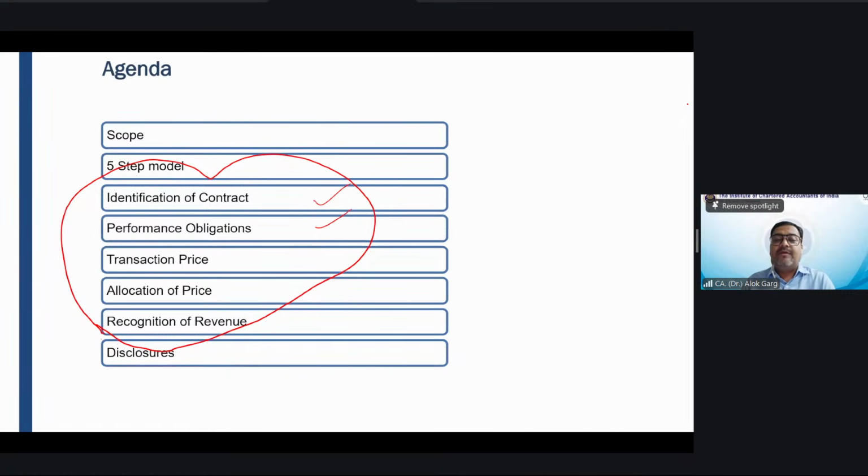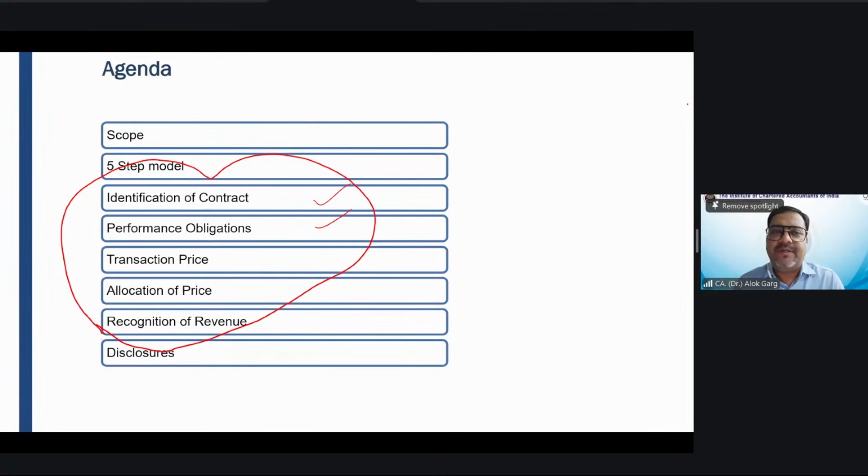Yes, friends, then we discussed the concept of right to return. When goods and services are sold with a right to return, how does the accounting treatment happen? For example, the entity has sold 1 lakh quantity of goods, and there is a 30 days return policy.